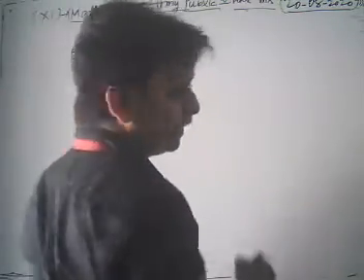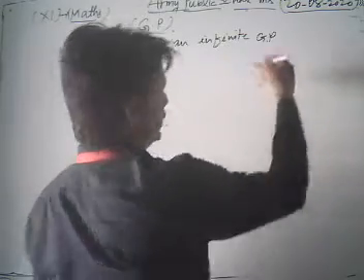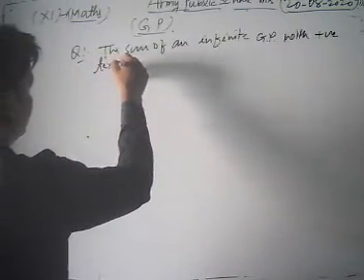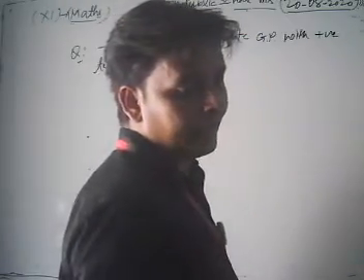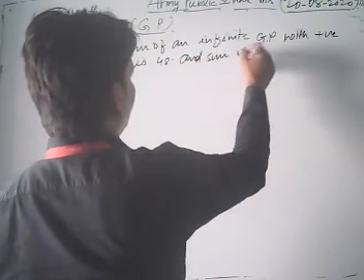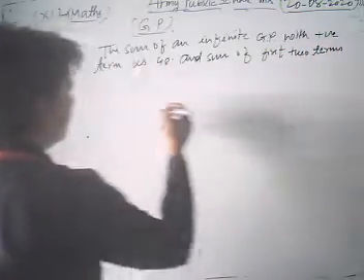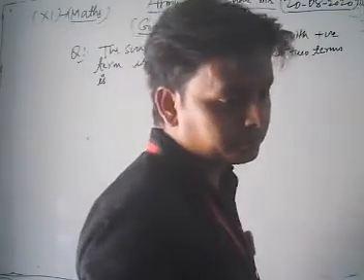the sum of an infinite GP with positive terms is 48, and the sum of the first two terms is 36.